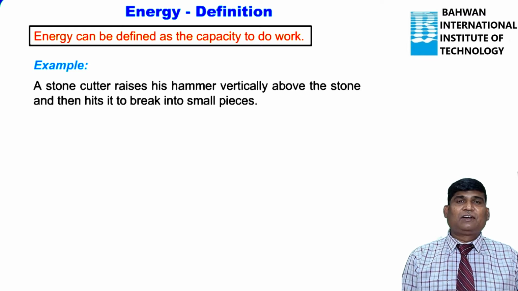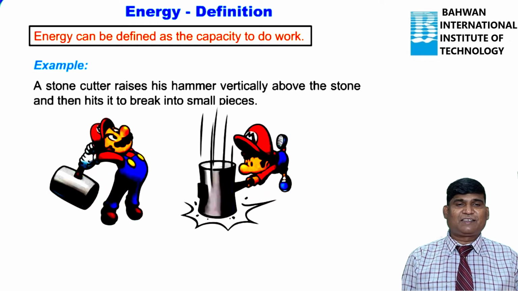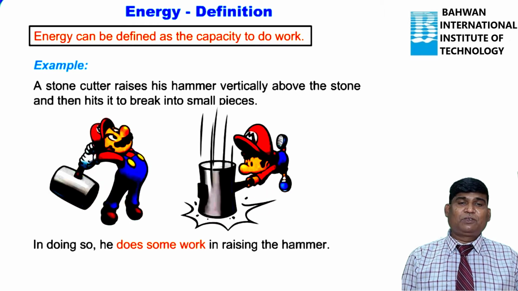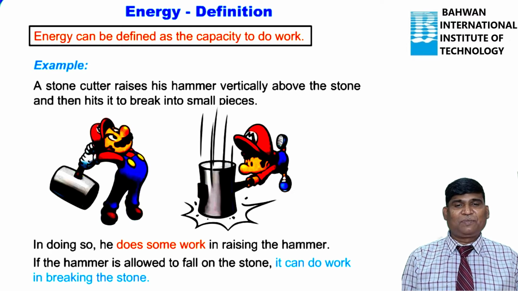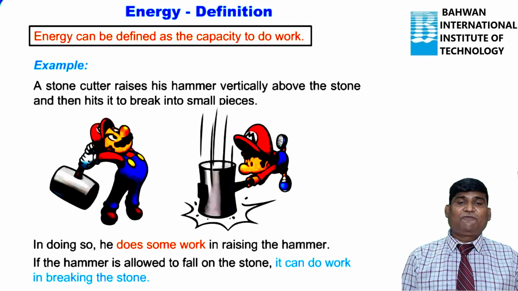Example: a stone cutter raises his hammer vertically above the stone and then hits it to break it into small pieces. When we observe this example, he does some work in raising the hammer. If the hammer is allowed to fall on the stone, it can do work in breaking the stone.